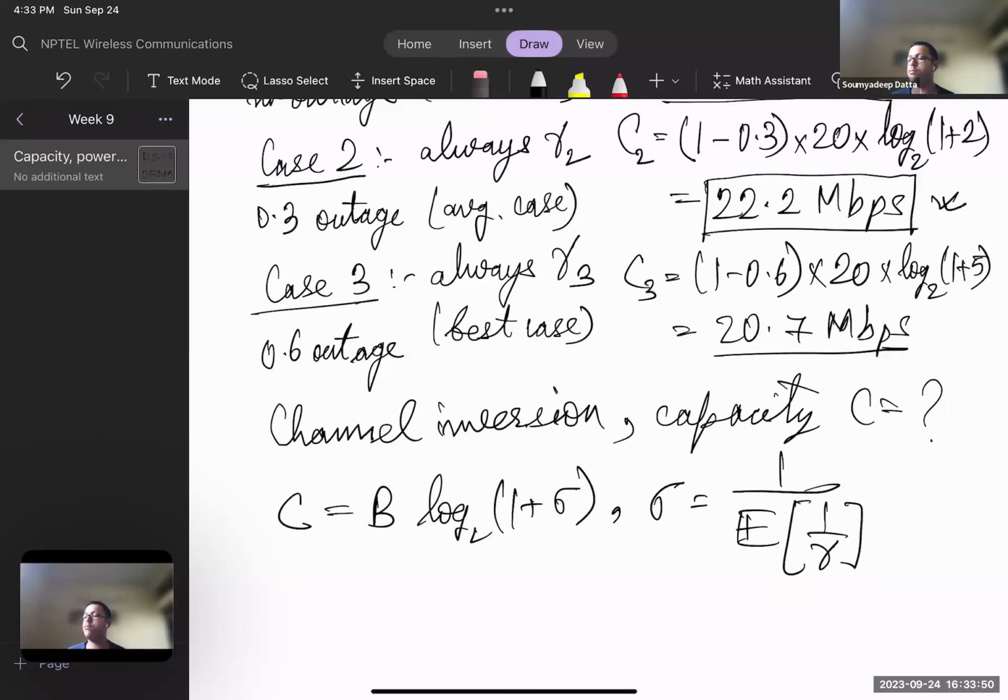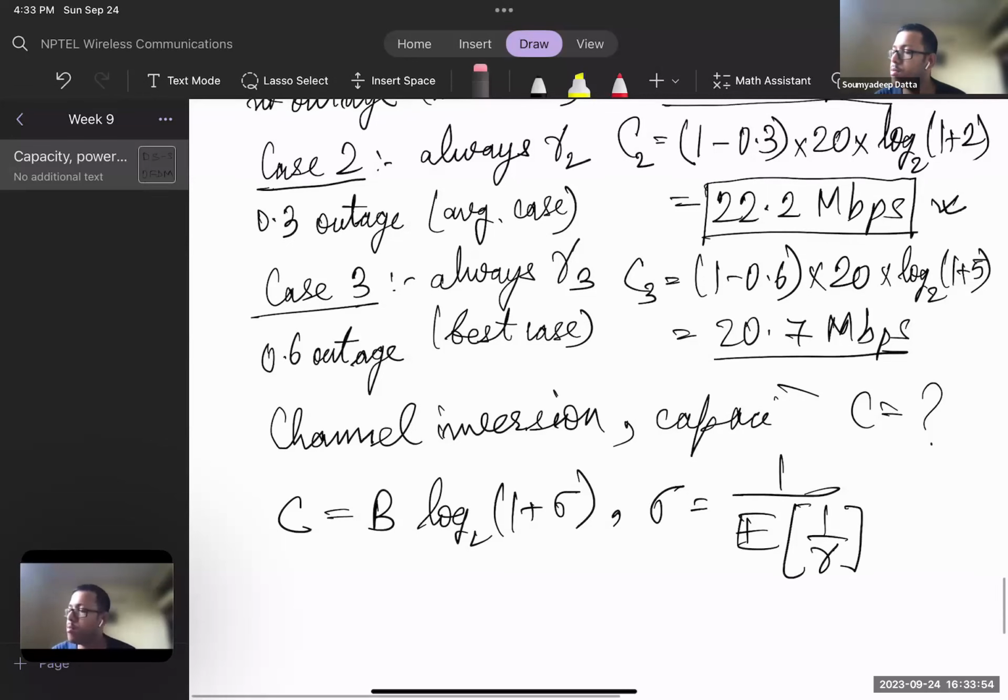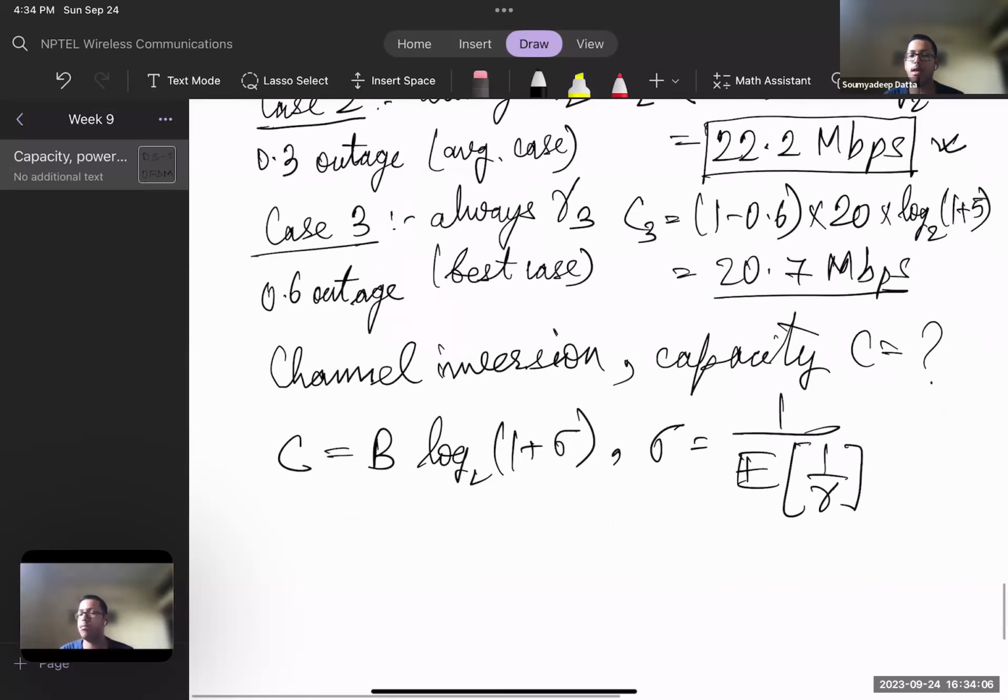That's how it comes, because if you multiply by 1 by gamma and send, then your gain becomes essentially this. So you are just inverting the channel. This is your capacity with channel inversion.